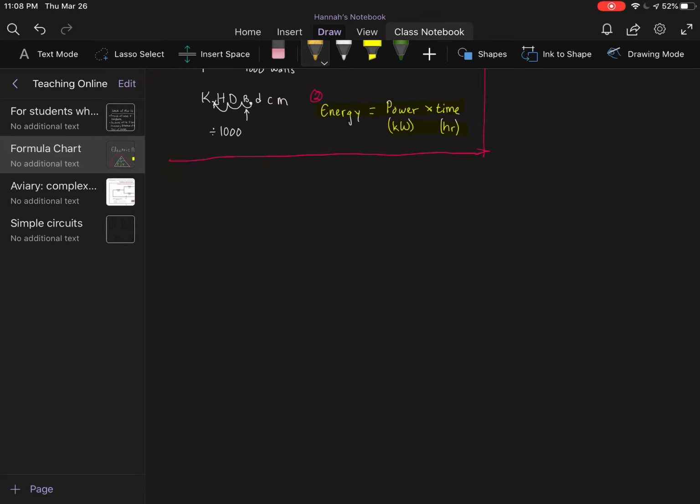All right, so I'm going to start off talking about calculating total resistance. Total resistance, and this is going to be in a series circuit. My total resistance we abbreviate with RT.